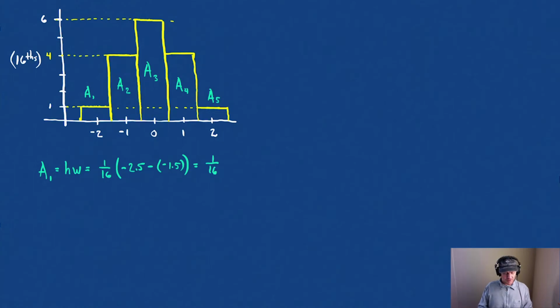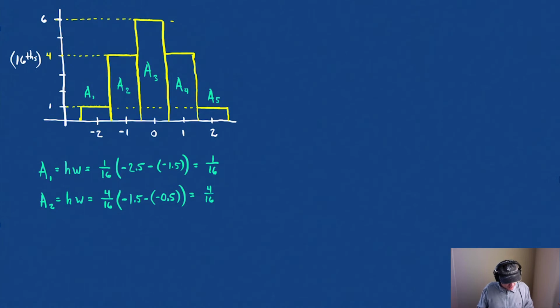Interesting. Let's try this again. Let's take area 2. So again, it's the height of the rectangle times its width. Well, its height is 4/16 high. It has a width of, you can see it's just 1 if you look from -1.5 minus -0.5. Well, that's just 4/16 times 1, that's 4/16.